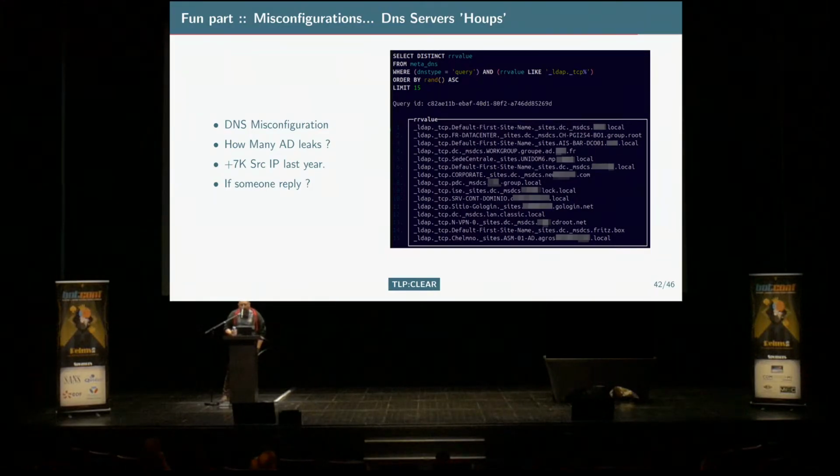So what happens if someone replies something? Because you have the Active Directory, but the whole DNS query is there, so the phishing is quite easy to do. So we're really asking if someone is exploiting that. We don't know, but for us, it's more than 7K different IPs requesting DNS on our telescope, which is too much for us.